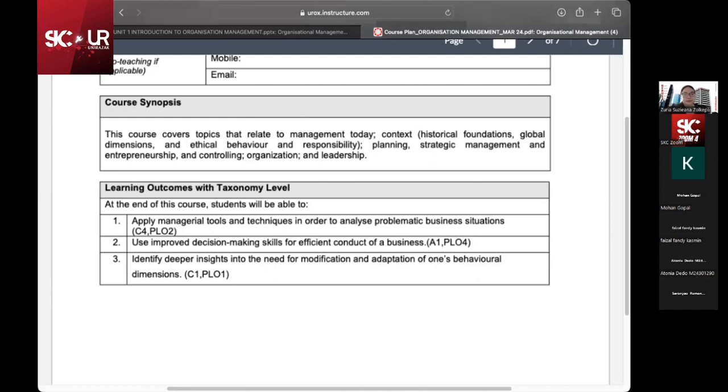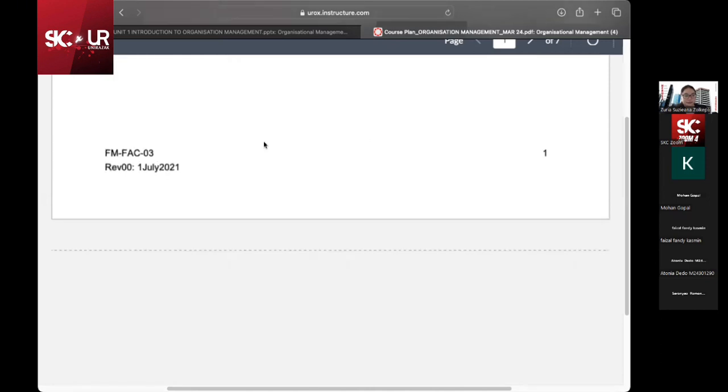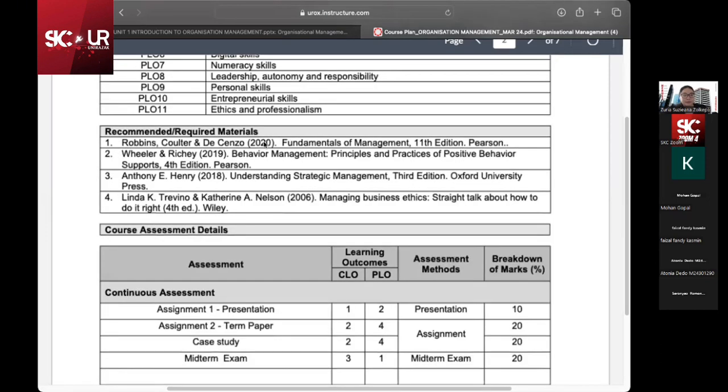So, next. These are the materials that I'm going to use for this course, Fundamentals of Management by Robbins and Pearson. I think I'm using the Oxford edition. Is it this one? Okay, a different one.